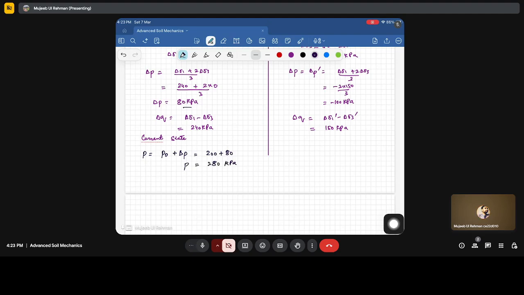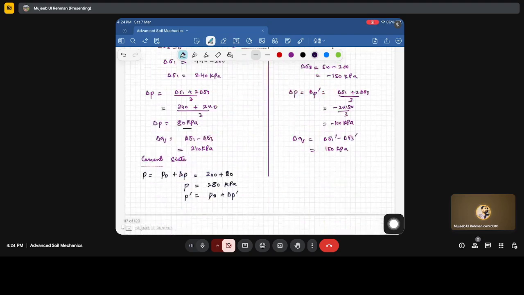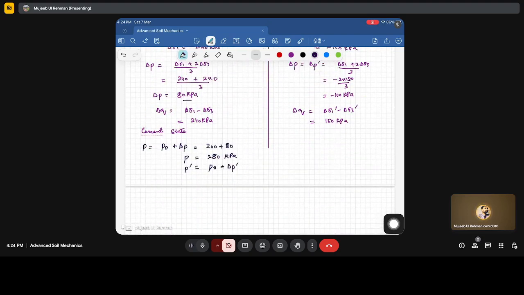Correct? Now P dash will be equivalent to P naught plus delta P dash. Now what is delta P dash? Since the conditions are undrained and the soil is elastic, delta P dash will be 0. So P naught is 200, plus 0, so P dash will be 200 kPa.